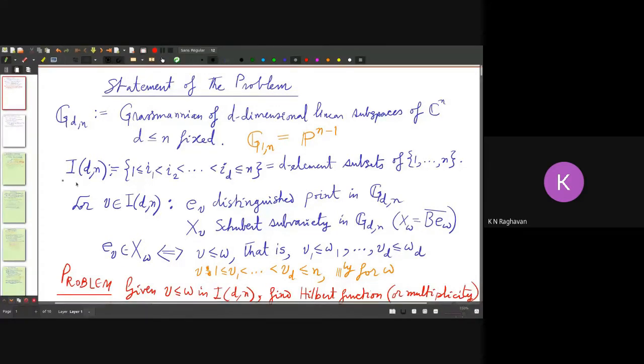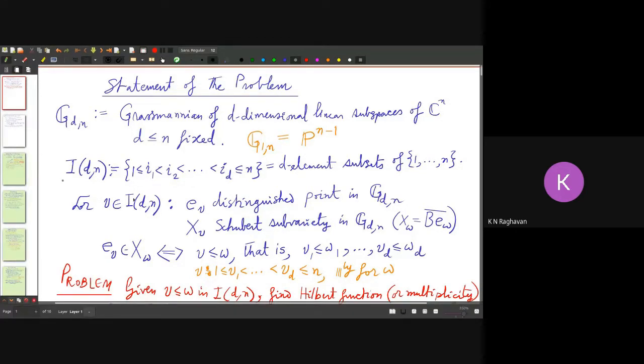Let me introduce this notation I_{d,n}, which is going to come repeatedly. These are just d-element subsets of the set 1 through n. Each element of that we will write with the d elements in increasing order, as indicated here.